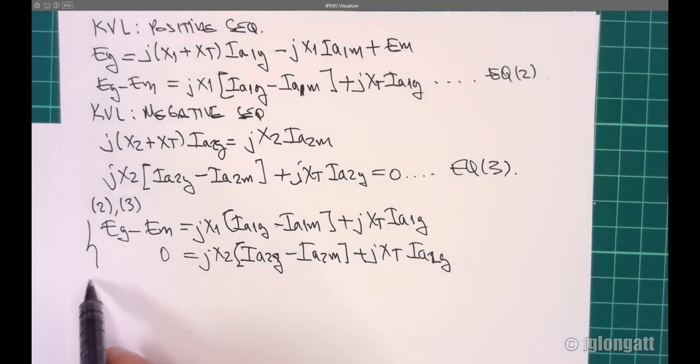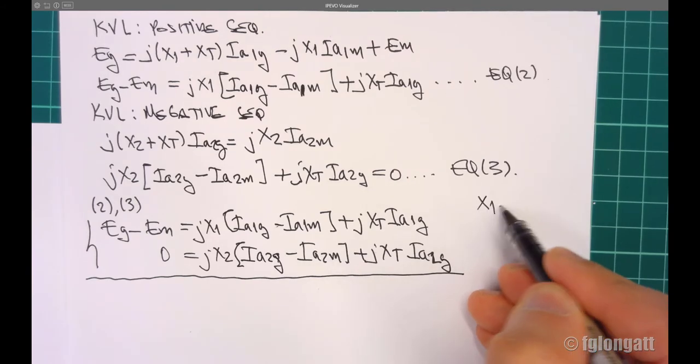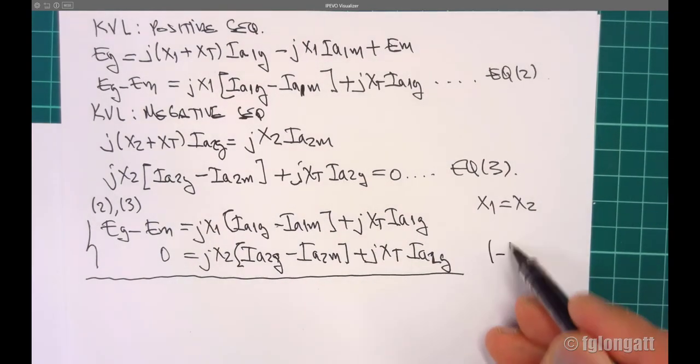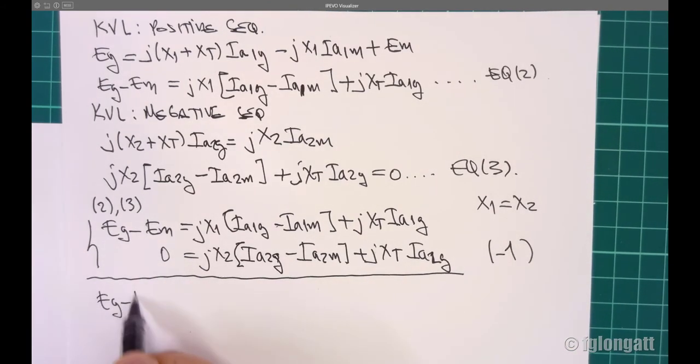Something that I would like to do is the following, okay? First, you must remember that the positive and negative sequence, they are equal in this very specific problem, okay? And what I want to do is multiply this equation by -1 and then sum to the other equation, okay? What I will do is this.